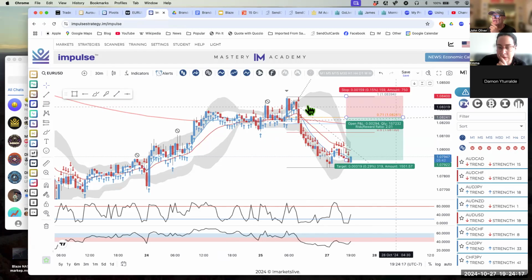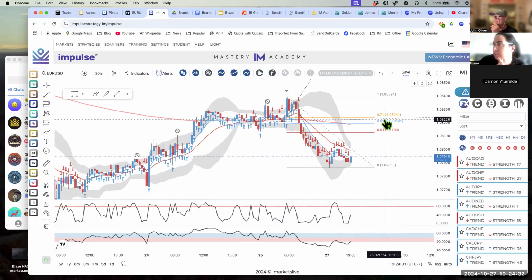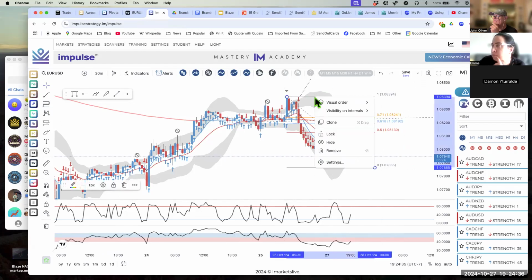So what you do when you open the fib, first of all, you open the fib retracement here. And then it will open like this without the 0.71. Then you right click on the fib itself. Then go to settings.